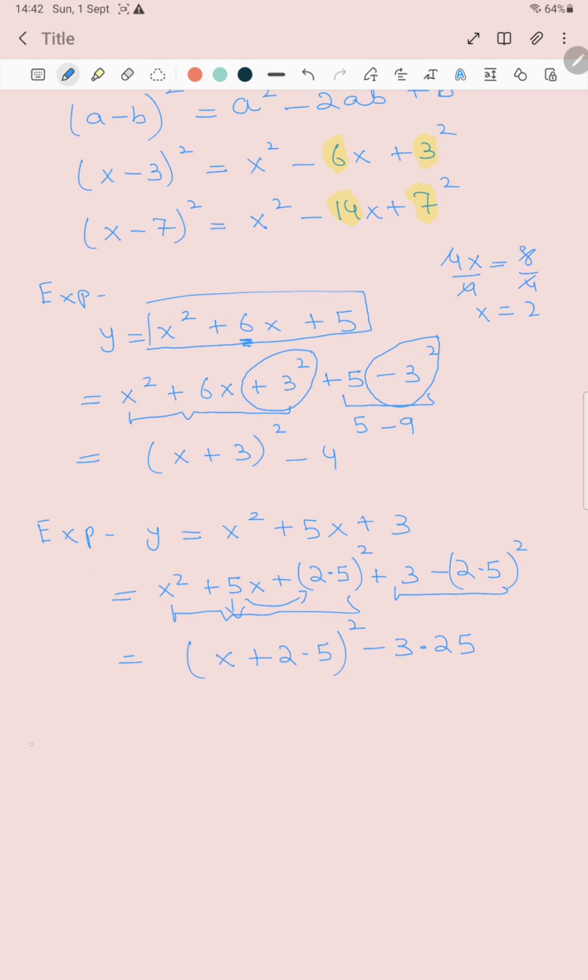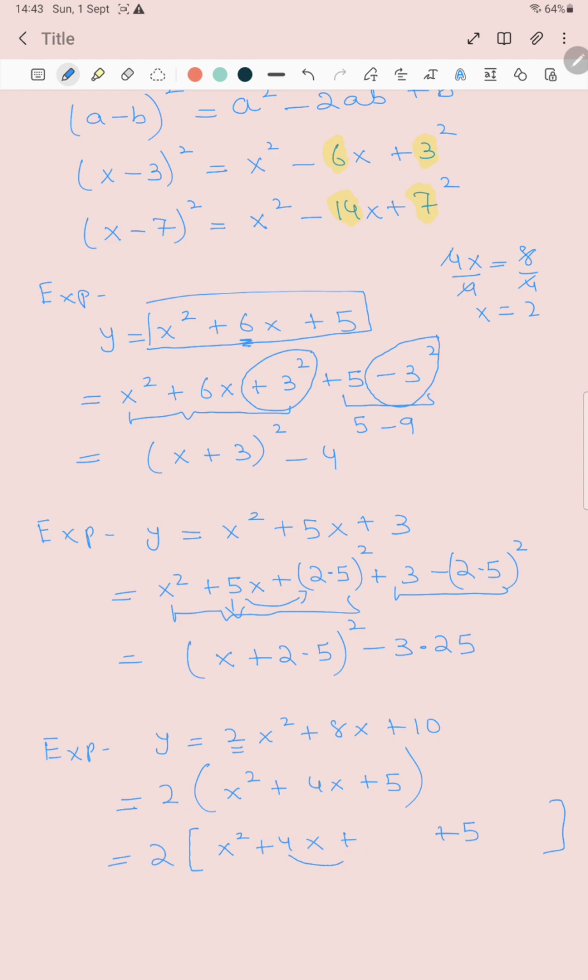Another example you can take is y is equal to 2x square plus 8x plus 10. Remember one thing, you will always have the coefficient of x square equal to 1. Over here it is 2, so first you have to take 2 common. When you take 2 common, you will be left with x square plus 4x plus 5. Now inside the bracket you complete the square. So this is x square plus 4x plus, leave the space, and write plus 5.